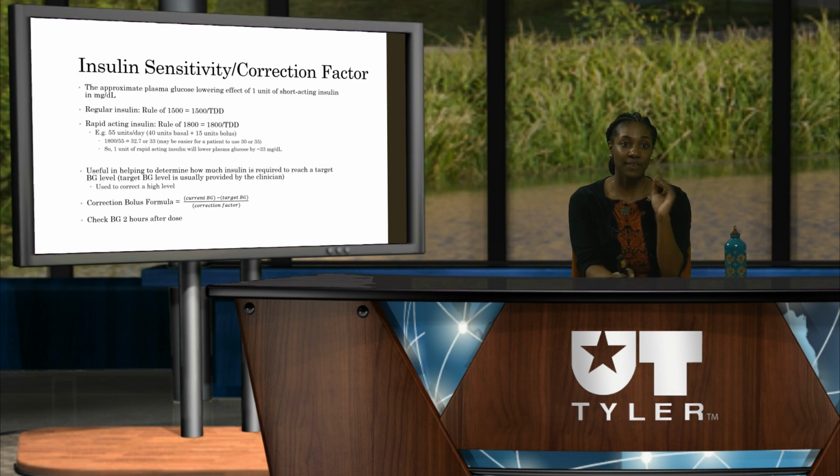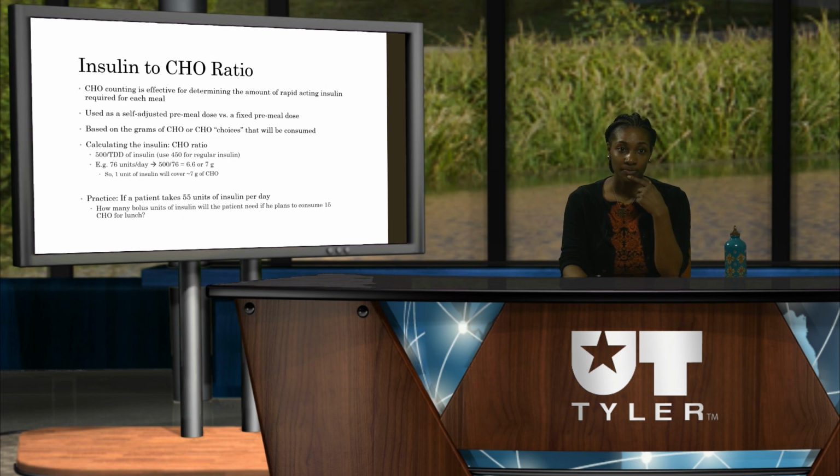If I'm taking 55 units of insulin per day of rapid-acting insulin, 1800 divided by that 55 units per day is going to tell me how many milligrams per deciliter reduction my glucose will go with 1 more unit of that rapid-acting insulin. The formula is on this page, and we'll do some examples in class. But you always want to check your blood glucose 2 hours after you do that dose.